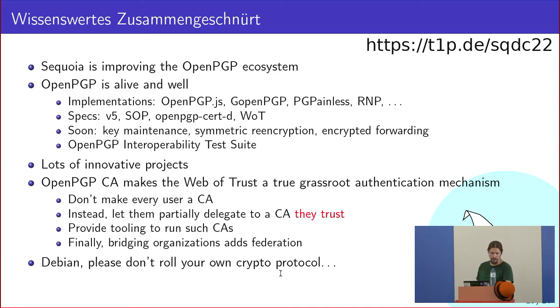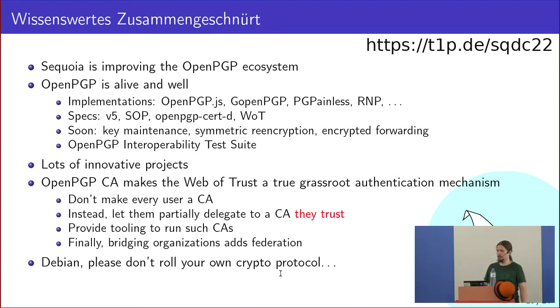We have a Web of Trust spec, so we want to formalize how the Web of Trust works and specify what design decisions you can make and how to do a performant implementation of this. There are some specs on the horizon, so we want to have a key maintenance spec, which is guidance on how PGP implementations will maintain the keys, like create new signatures, keep them up to date, freshen the key expiration, stuff like that.